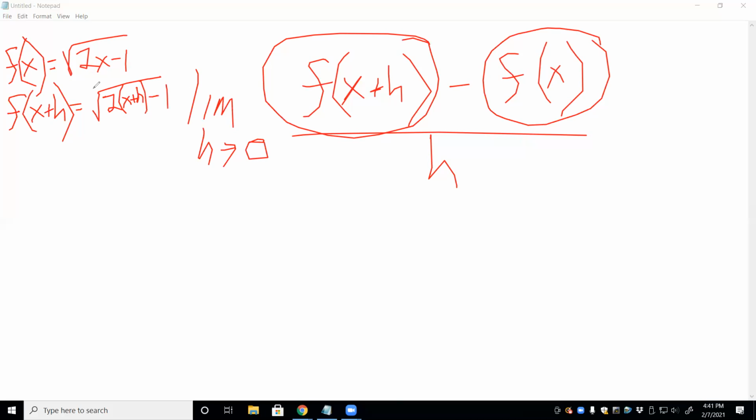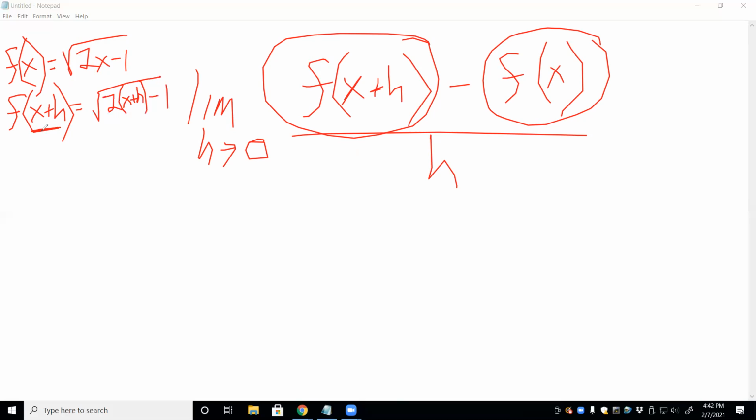Whenever you have a function and they stick something in the parentheses other than x, no matter how complicated it is, you just substitute it in for x.